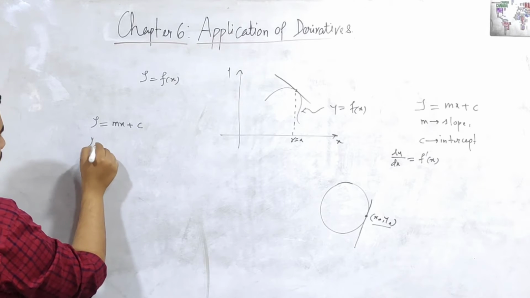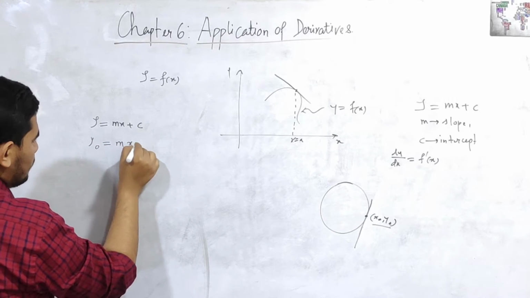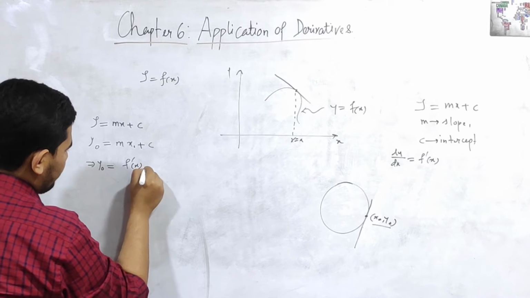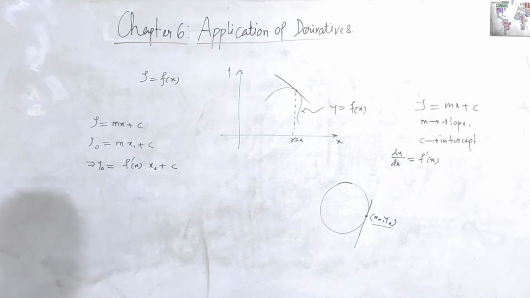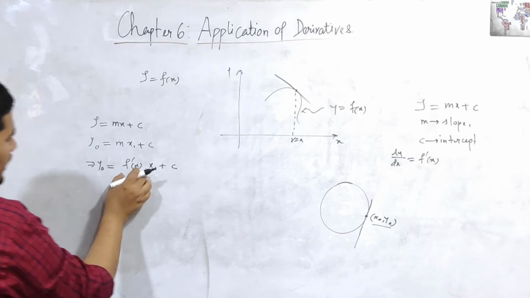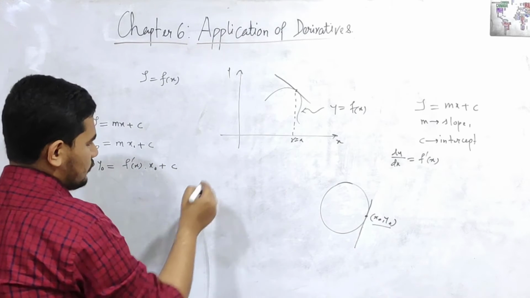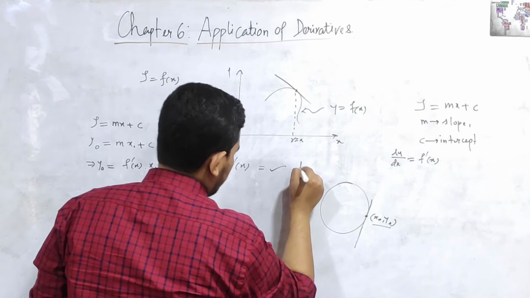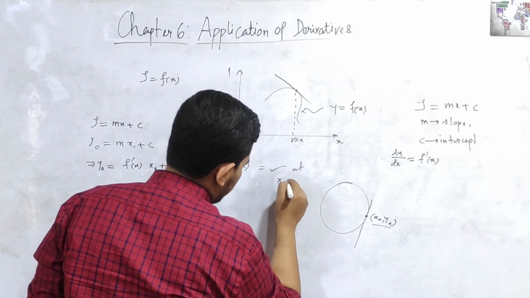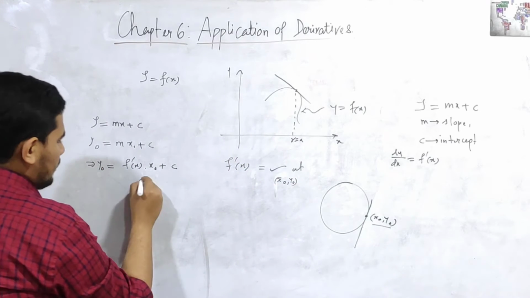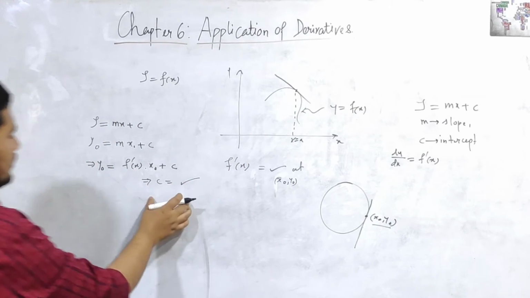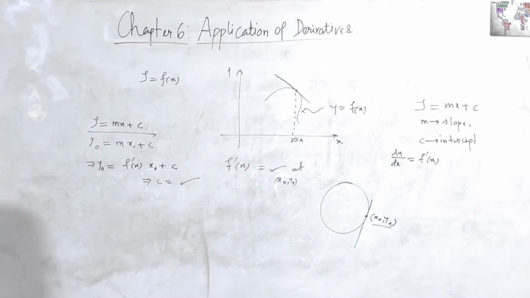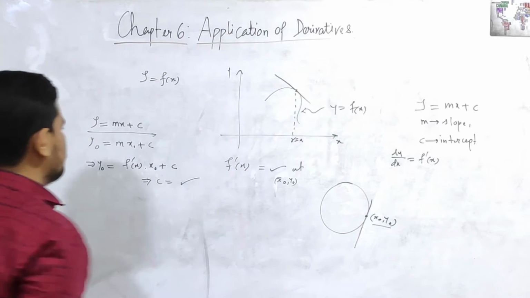So y naught equals m of x naught plus c, where m is f dash of x naught. Y naught and x naught are given, and f dash of x at x naught you can already find. After that you can find the intercept c, and if you put it in this equation, you get the equation of the straight line, which is also the equation of tangent.